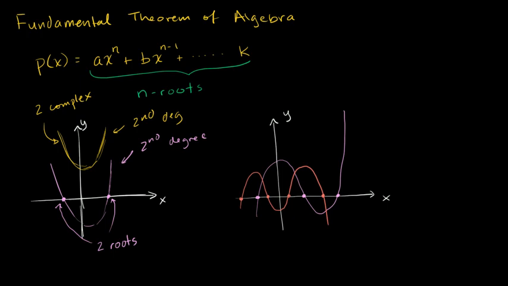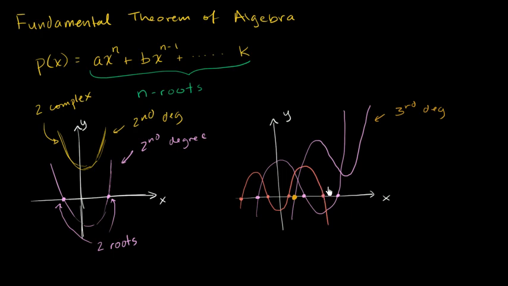So for example, if you have a third degree polynomial, it might look something like this, where it has 1 real root, but then the fundamental theorem of algebra tells us it necessarily has 2 other roots because it is a third degree. So we know that the other 2 roots must be non-real complex roots.